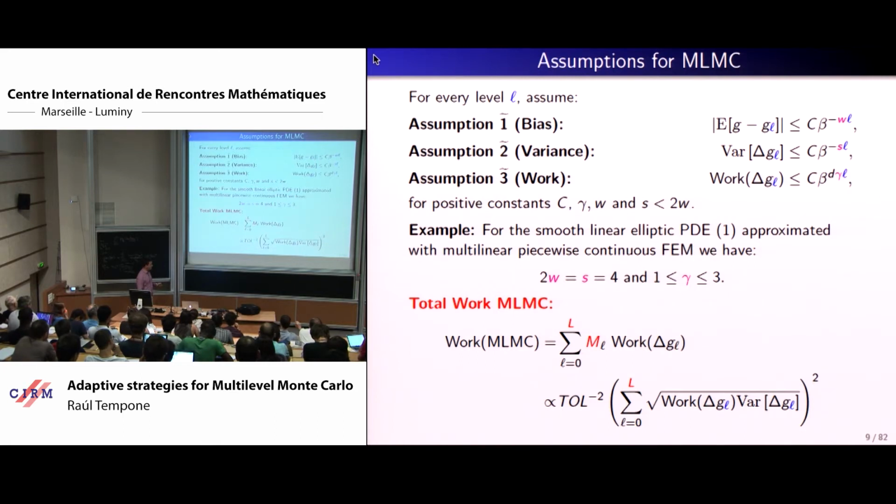But if it is actually finite, which is essentially the case where this variance is dominating the work somehow, we have a very interesting case that is sort of not intuitive the first time you see it as well, which is the fact that you get a cost that is essentially O of tol to the minus 2. And if you remember Monte Carlo, when we discussed it first, tol to the minus 2 was the optimal cost with Monte Carlo, when each of the samples, essentially in the mean, cost me O(1). So essentially this means that you don't feel the cost of discretization even though you're refining the levels, right, infinitely much as tol goes to 0.